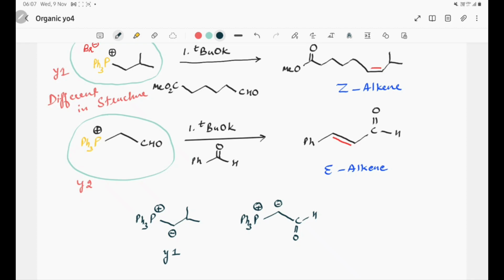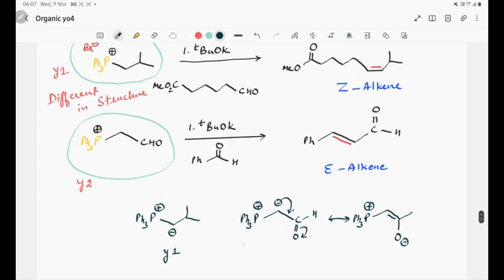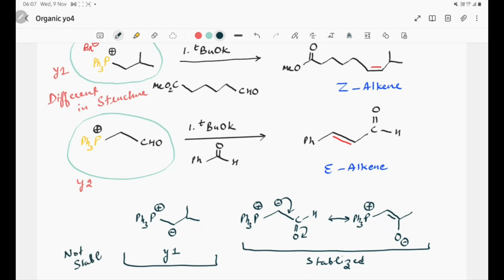Now this negative charge can delocalize over the neighboring carbonyl group. As a result, the negative charge is delocalized over to oxygen. Due to delocalization, this is stabilized. But Y1 is not stabilized by any such delocalization.